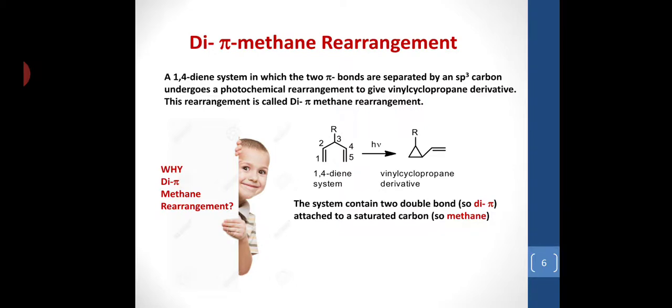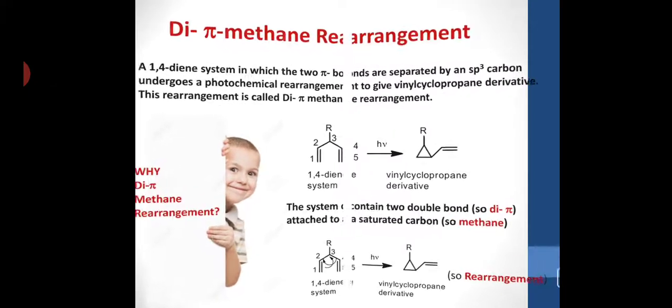And as you can see, there is rearrangement of a bond, or shifting of a bond, from one place to another: the double bond at one position shifts to C3 to generate the cyclopropane ring, and the bond between C3 and C4 is breaking and joining at the C2 carbon to form the vinyl moiety. Therefore, this is a rearrangement reaction and so it is called the di-pi-methane rearrangement reaction.